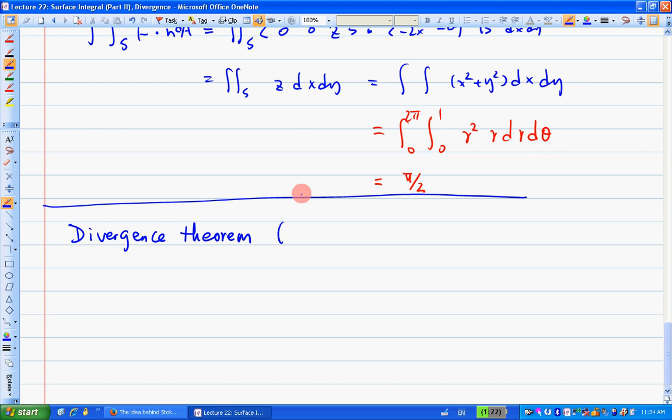First, the Divergence Theorem is basically a 3D analogy to Green's theorem.